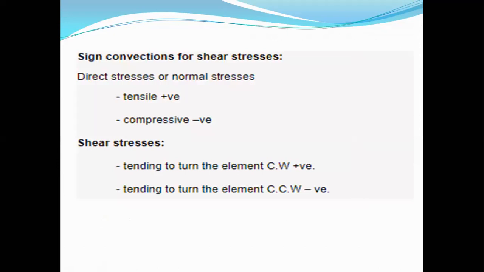Look at here, the shear stresses which tend to turn the element in the clockwise direction are taken as positive, whereas the shear stresses which act in the counterclockwise direction are taken as negative.